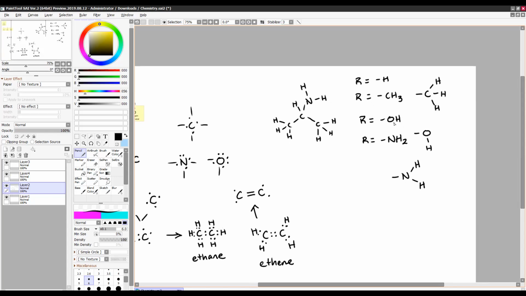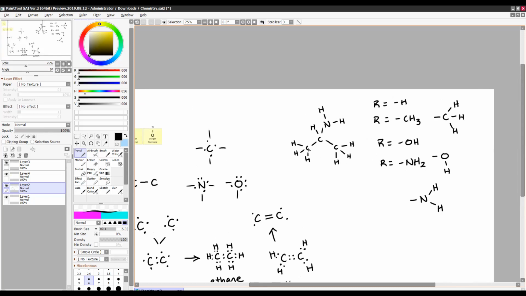When we introduce an OH or an NH2, we also change the properties, because these groups are polar, which means the oxygen and the nitrogen pull electrons away from all the other atoms, causing a partial negative region and partial positive region everywhere else. That can also have different chemical and physical properties.